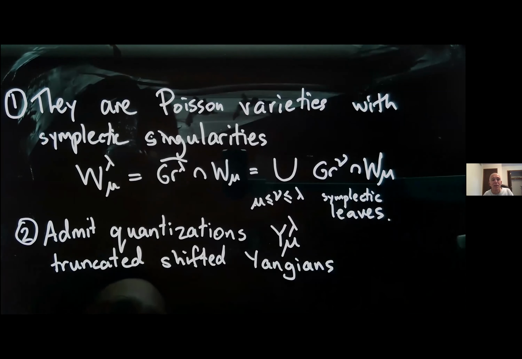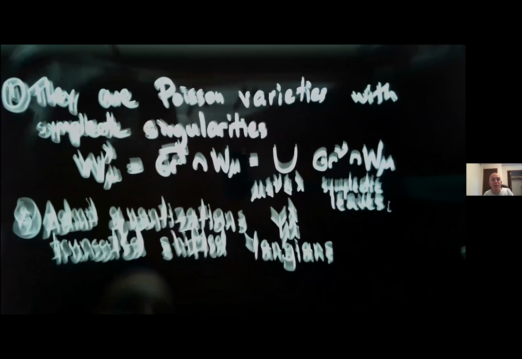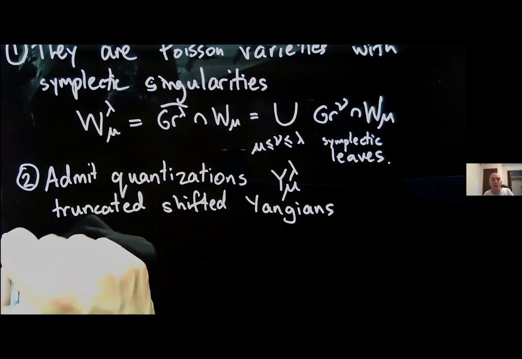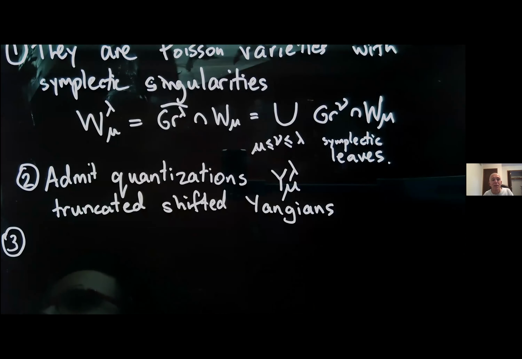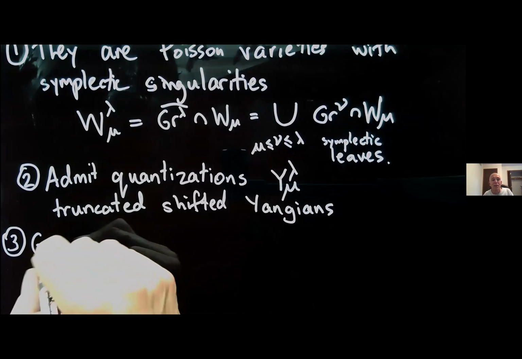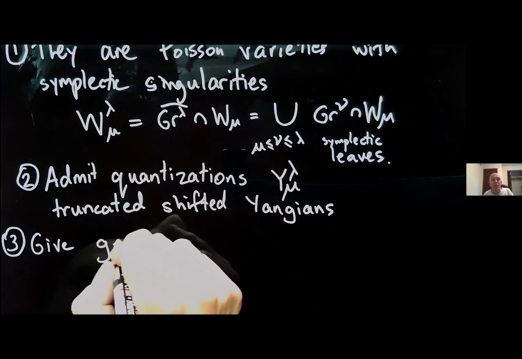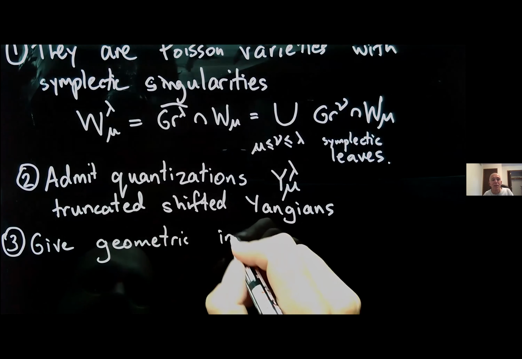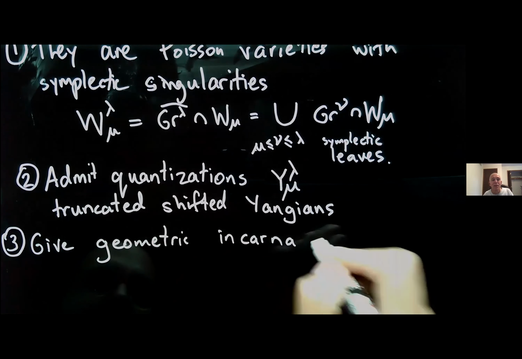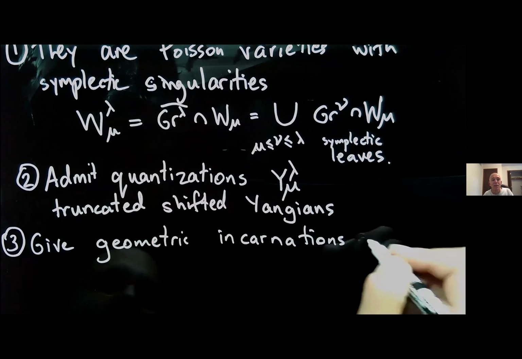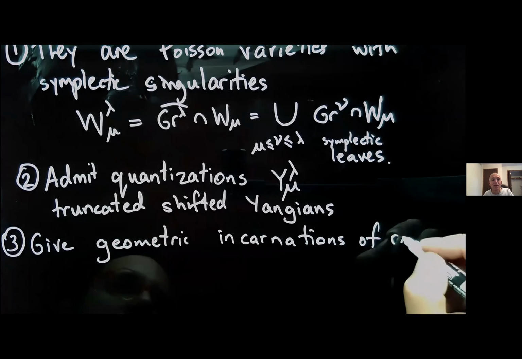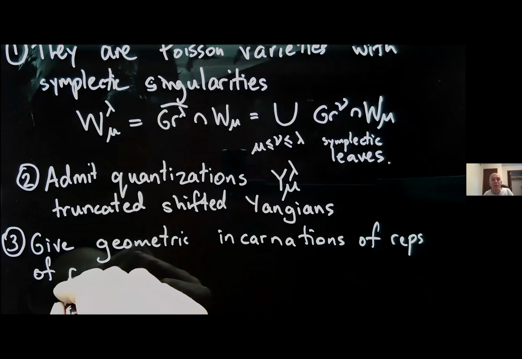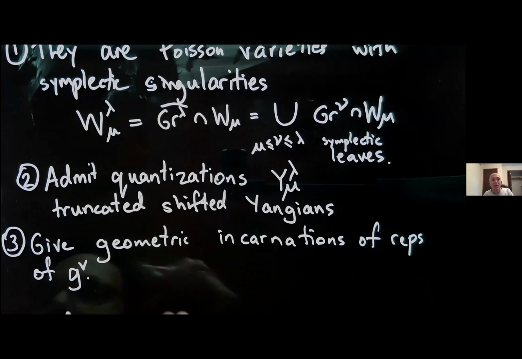So the third reason why they're nice, and maybe the principal reason why I'm interested in them, is that they give geometric incarnations of representations of G, or more precisely of its Langlands dual group, or Langlands dual algebra G check.